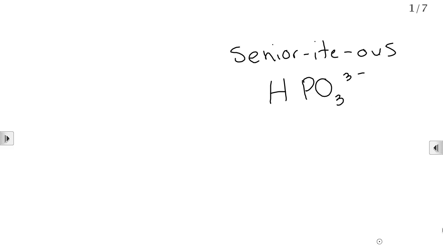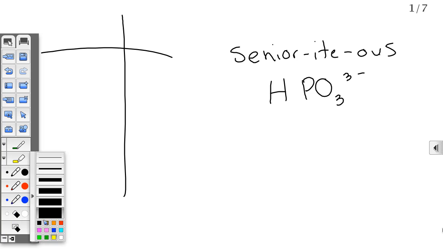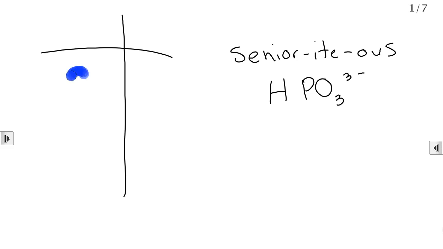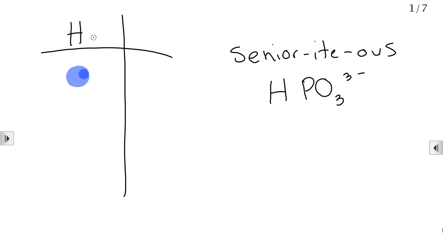So if I come over here and I get my little circle drawn on, here's my hydrogen, and here's my phosphite. 1 hydrogen is 1 plus, right?